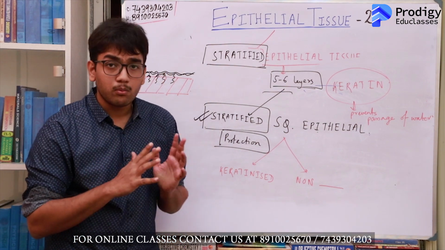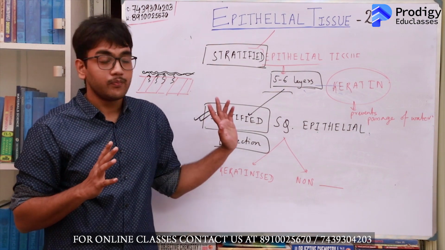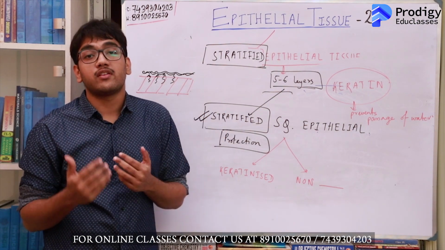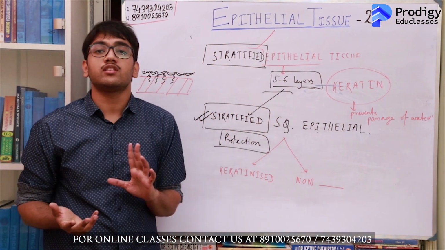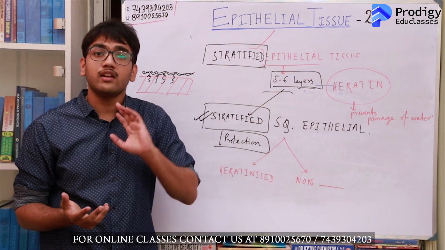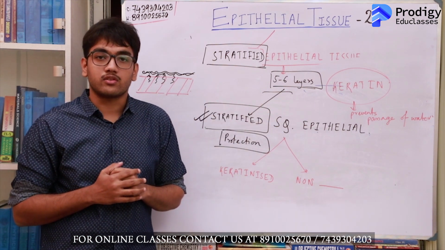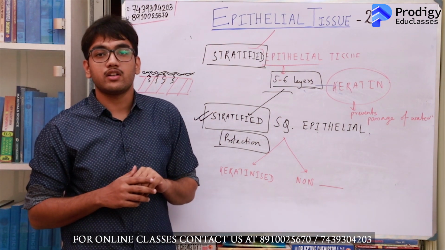So you don't need to mug up the various locations of epithelial tissue if you understand which type of cells are present for which function. Okay, the understanding of the structure of the cell will give you an understanding of the function, thereby giving you the exact location of the epithelial tissue. Okay, I hope you have got a consolidated idea on the epithelial tissue.